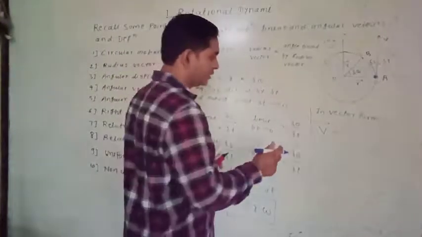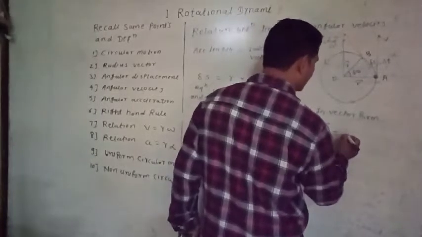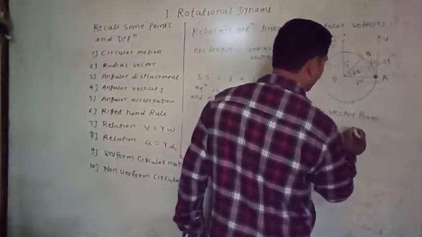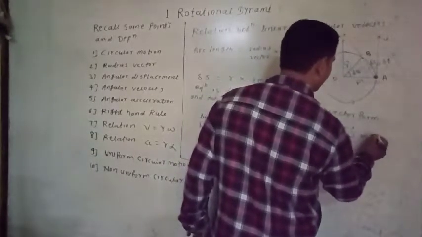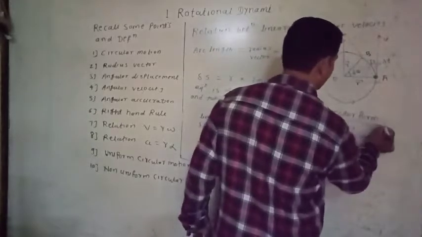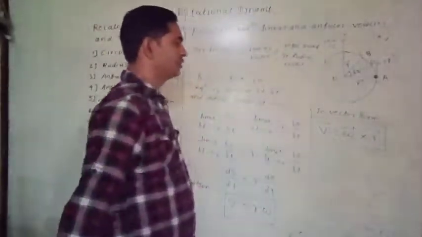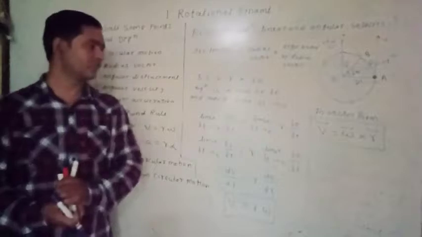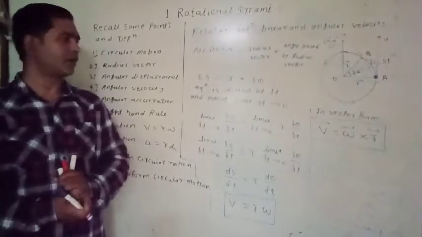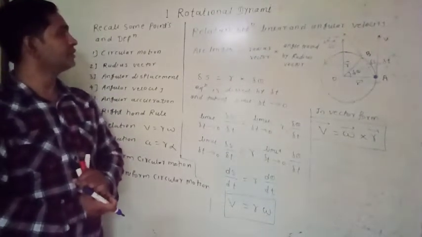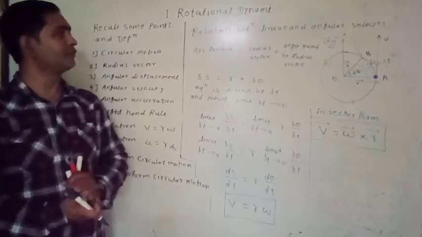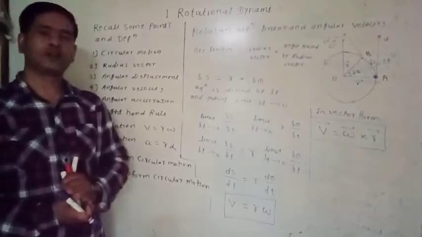Then we get the formula vector v equals vector omega cross vector r. So this equation is the relation between linear and angular velocity.